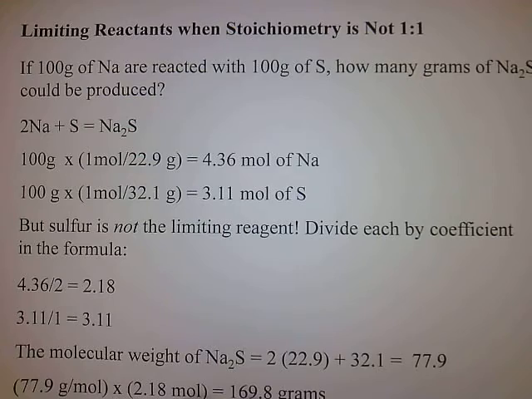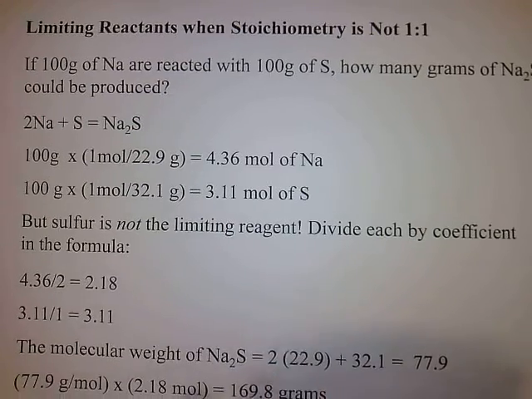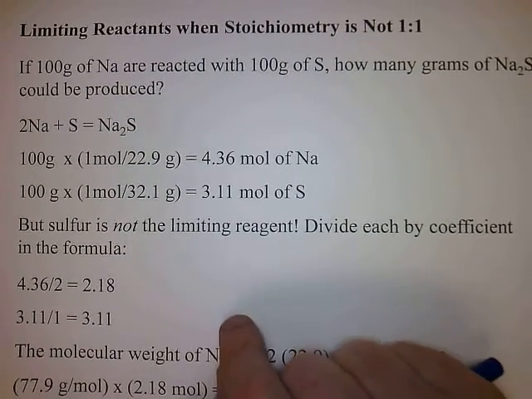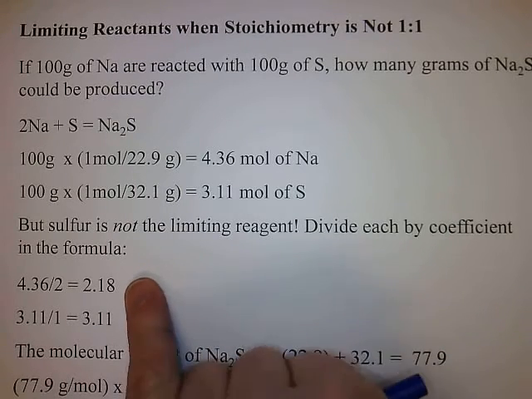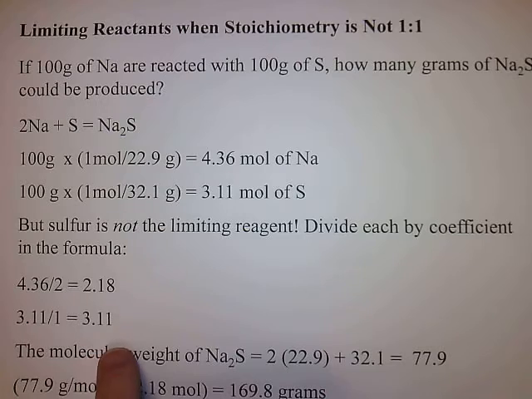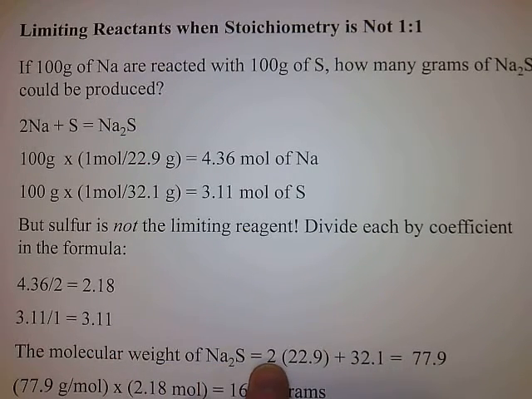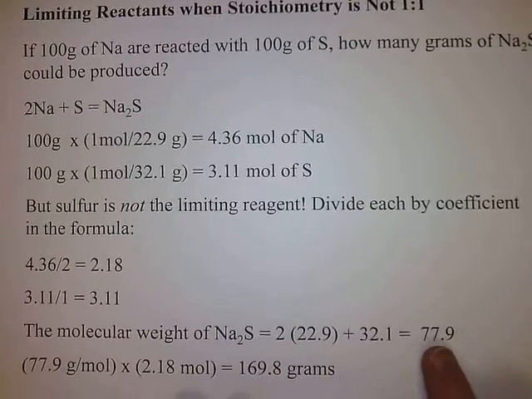Now we work the problem like we did the last one. What's the mass of 2.18 moles of sodium sulfide? We figure out the molar mass of sodium sulfide: 2 times 22.9 plus 32.1 is 77.9 grams per mole.